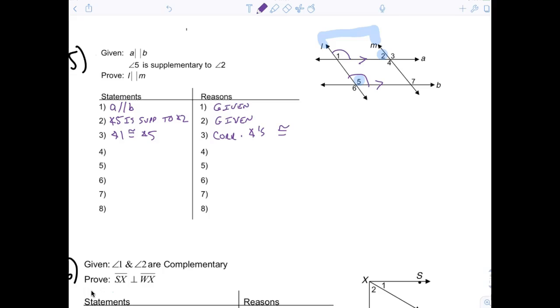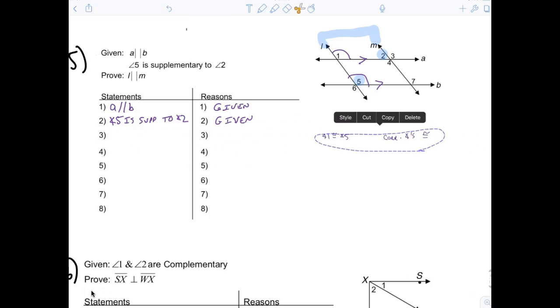If you don't mind, we're going to drop 3 out just for a second, and we might come back to that. I'm going to pull it out to the side, and we'll go over here with, say it again, angle 2 is supplementary to angle 3.